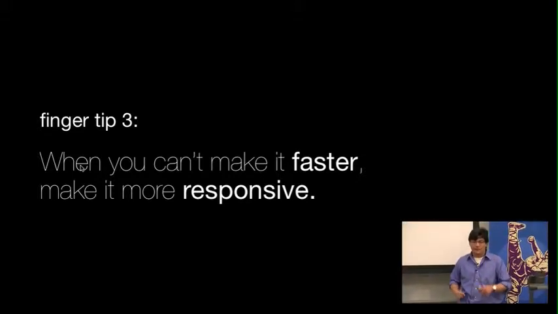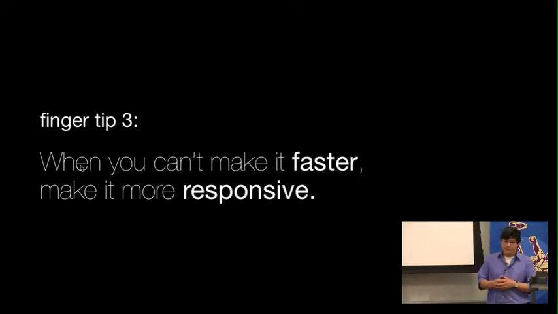So sometimes what you're trying to do is return control to the user, return control to the browser, let the browser get on with its tasks, and do things when you need to. Because there is only a certain amount of optimization you can do. You can always optimize more, but ultimately, at the end of the day, certain things are expensive, and you don't want to let that get in the way of the user.